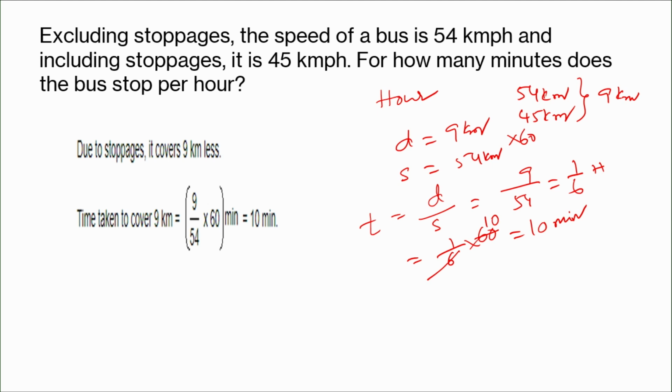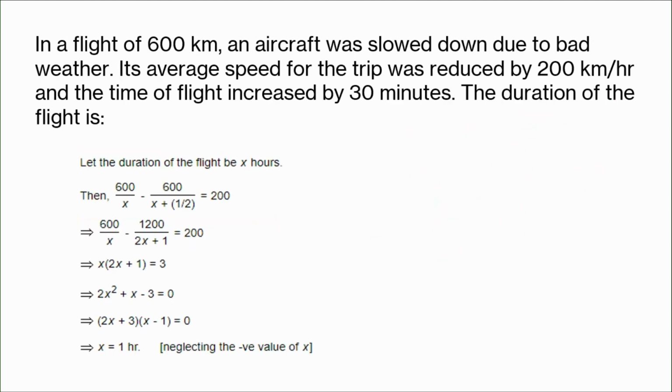Is it clear? Now, we will see one more question. In a flight of 600 kilometers, the aircraft was slowed down due to bad weather. Its average speed for the trip was reduced by 200 kilometers per hour and the time of flight increased by 30 minutes. What is the duration of the flight?